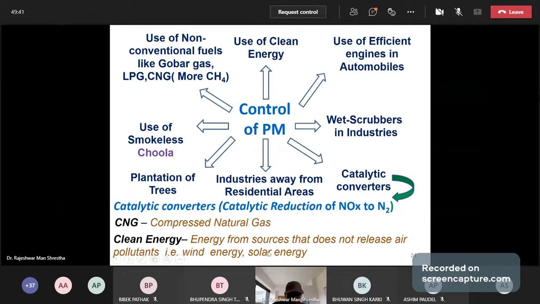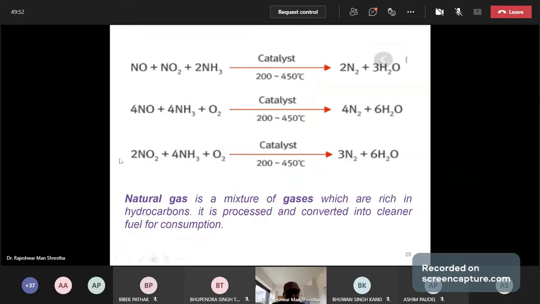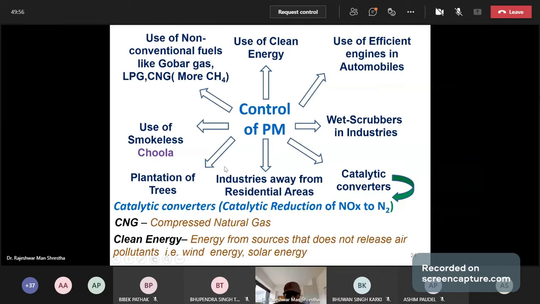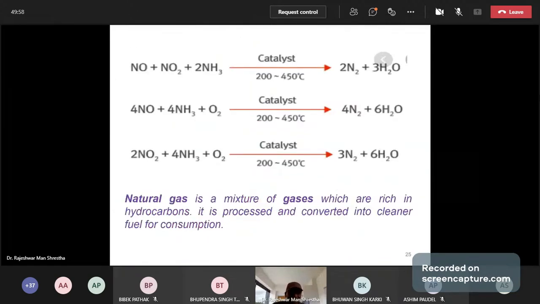And clean energy means energy from sources that don't release air pollutants. Wind energy, no air pollutant. Solar energy will not release any pollutant. And in this way, by catalytic converter, harmful gas changes into less harmful gas.